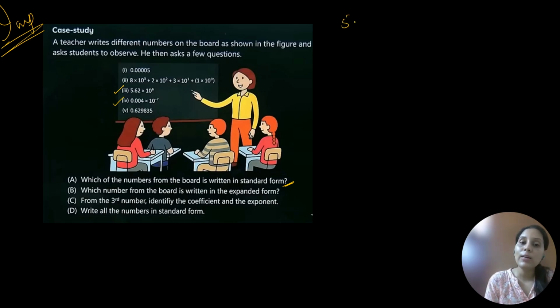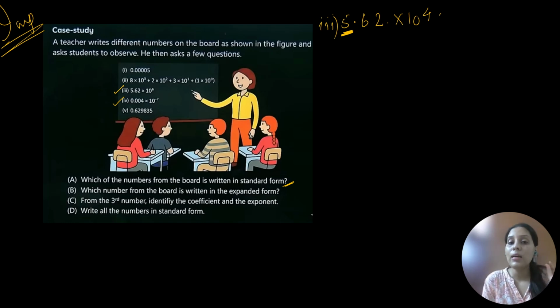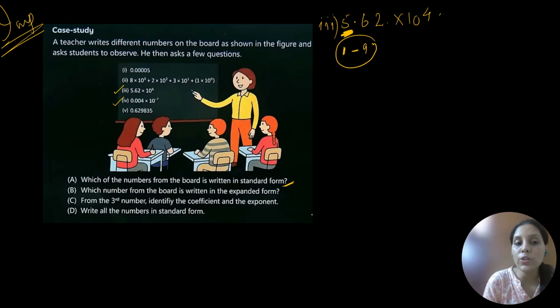Suppose I take 5.62 into 10 power 4, ये हमारा थर्ड ऑप्शन है. The first digit that you have, स्टैंडर्ड फॉर्म में जो भी फर्स्ट डिजिट है, it should lie between 1 to 9. It cannot be 0. It should be greater than 0. But ये fourth option में क्या है?